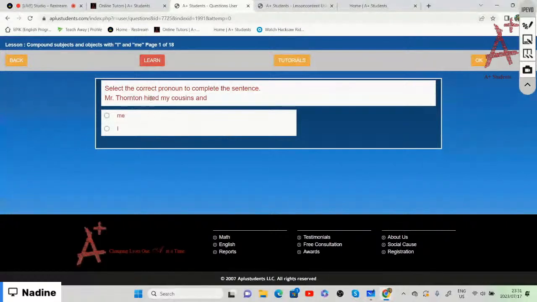Mr. Thornton hired my cousin and me, or Mr. Thornton hired my cousin and I. We need to choose the correct pronoun in order to complete the sentence. So Mr. Thornton hired my cousin and me, or he hired my cousin and I. So we need to choose the correct pronoun to complete the sentence.